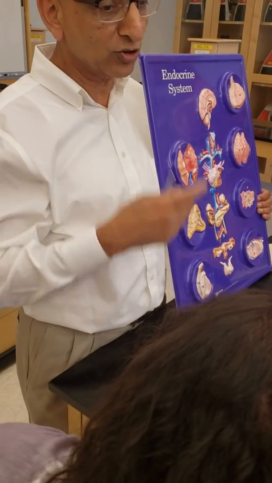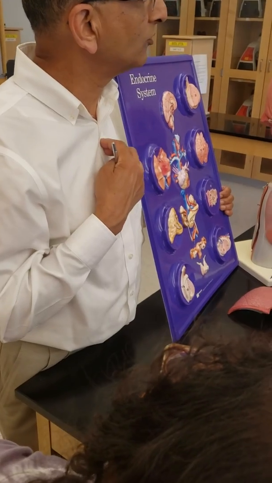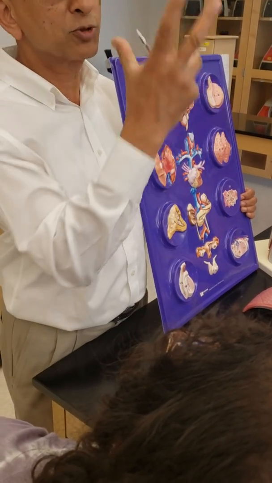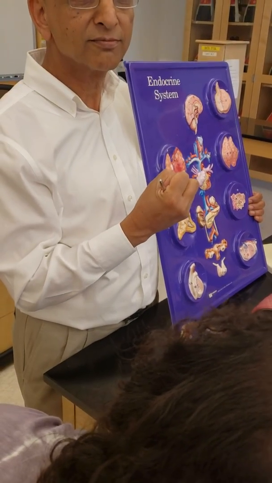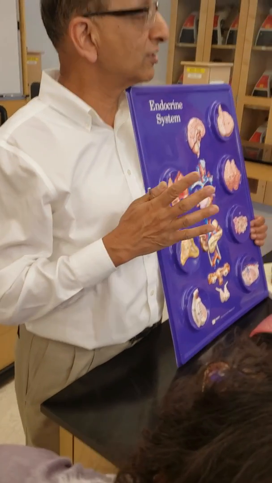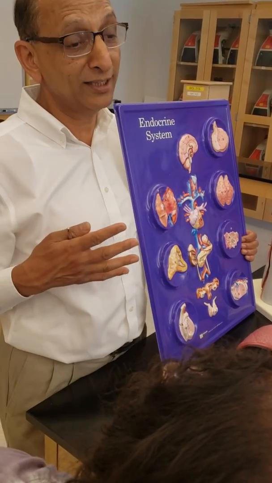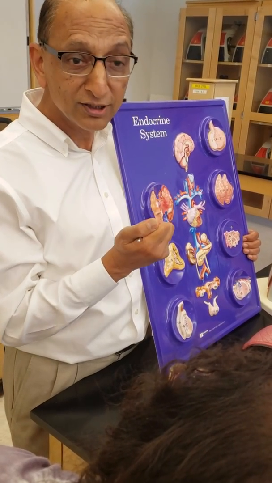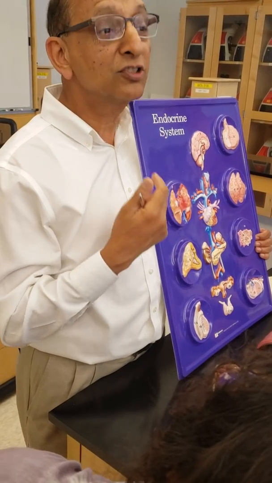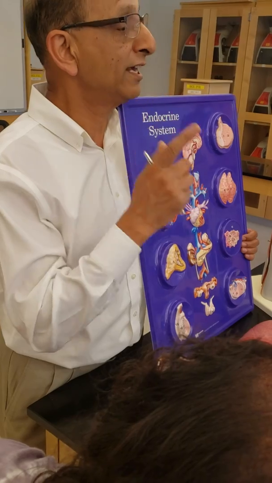Thymosin, T cell maturation. This gland is very special because this gland with age becomes smaller. So many scientists, mostly in the 1950s and 60s, thought that no other organ of the body becomes smaller the way it does. So this gland or this organ is the reason for aging.